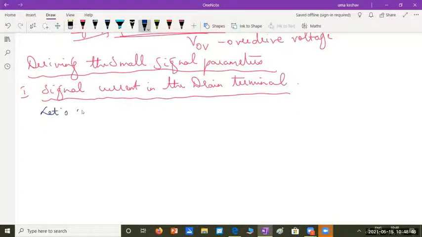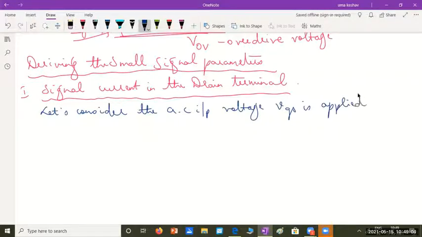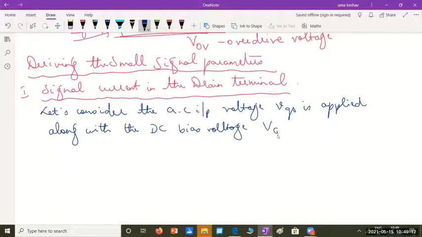Let's consider the AC input voltage small vgs is applied along with the DC bias voltage VGS.